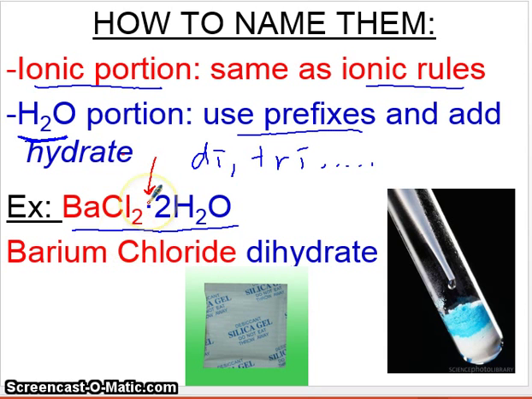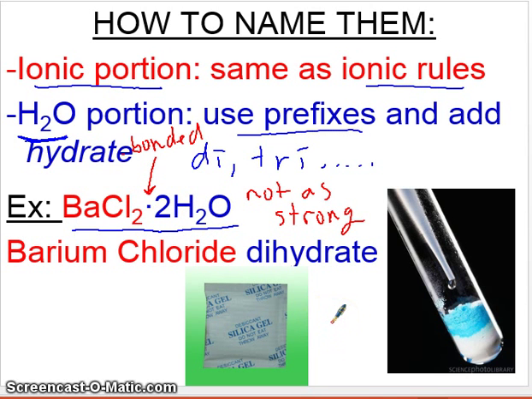So this dot means that it is not strongly chemically bonded. You can say it's bonded, but not as strong. Not as strong as, for example, the barium and the chlorides are bonded, or the H and the O. So this is like a weak bond, you can say. That's why you can drive it off by heating it.